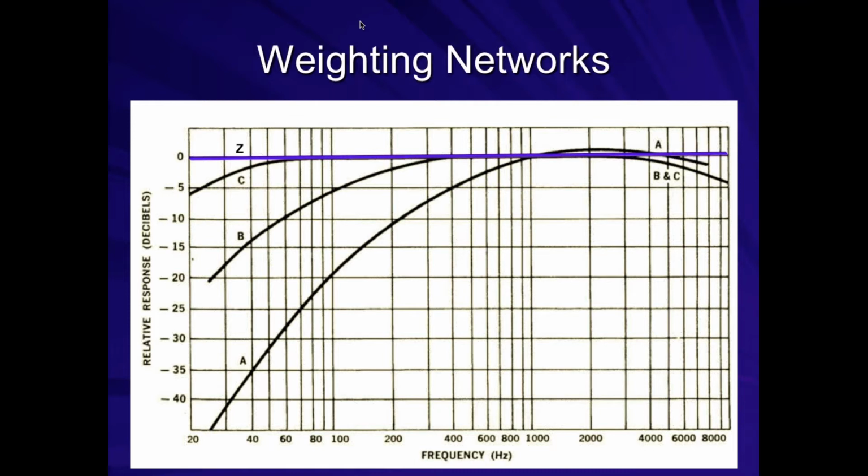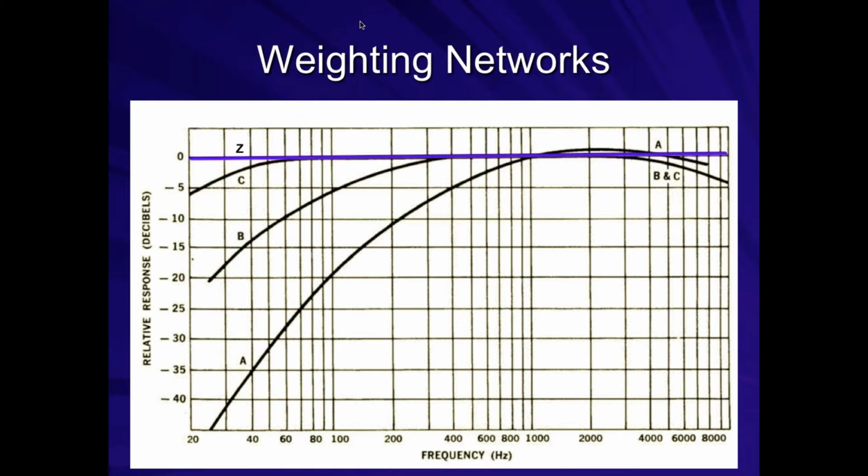But if you look at that A line, at the low frequencies, like 60 or 80 hertz, way down on the left-hand side, even though the sound pressure is up here, it's only measuring it down here. It's measuring much less energy than is really there.